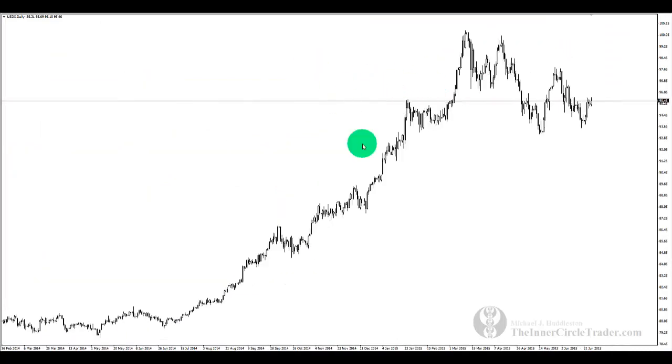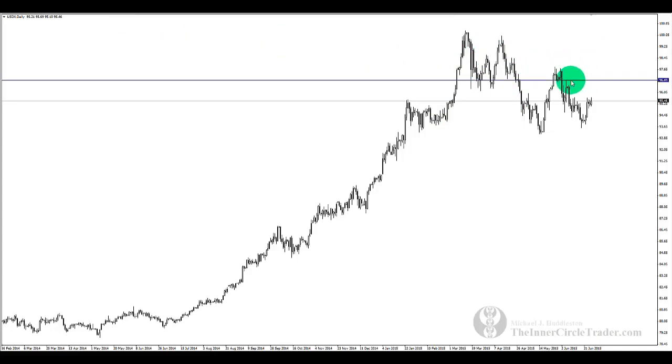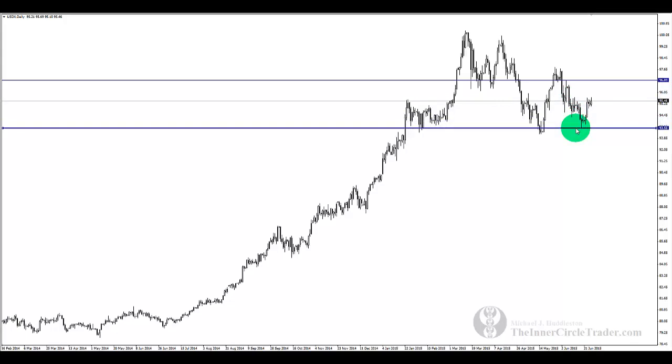Some of the levels that would not be seen on the weekly chart, we have a lot more detail in here. So we would just go through and identify levels that are useful. We have these two levels in here.